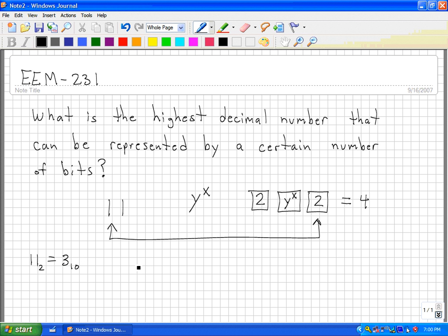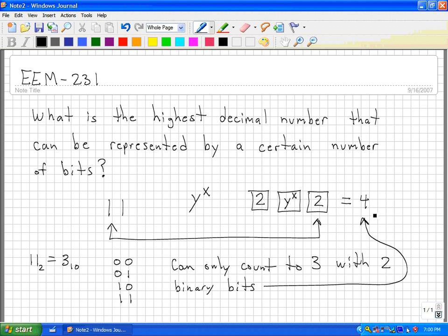However, I want to know how high can I count if we start off with 0, 1, 2, 3, I can only count to 3 with 2 binary bits. So if we go back to our equation where we get 4, we must then subtract a 1.